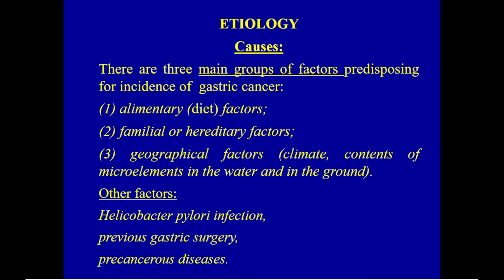Alimentary or diet factors, familial or hereditary factors, and geographical factors, likely climate and the content of microelements in the water and in the ground, as for example gastric cancer and esophagus cancer in the north of China.